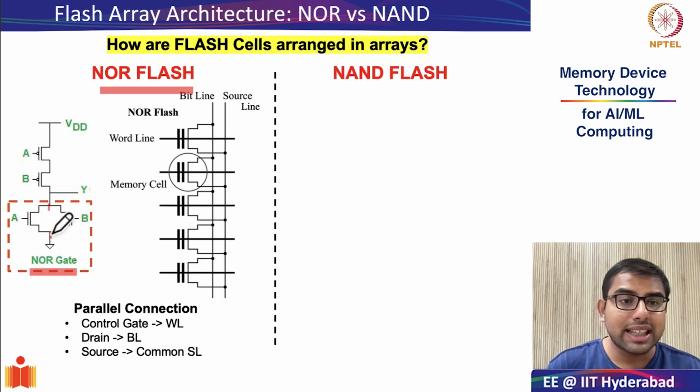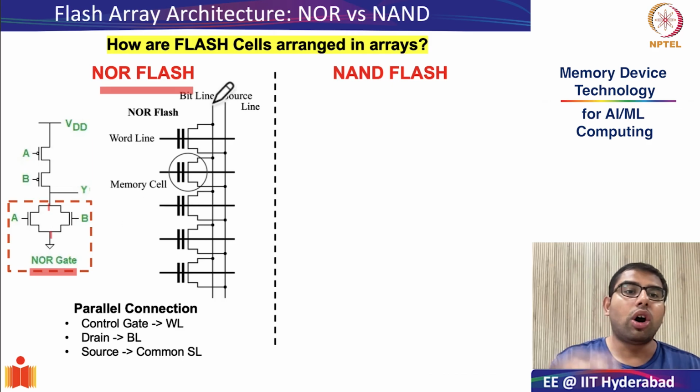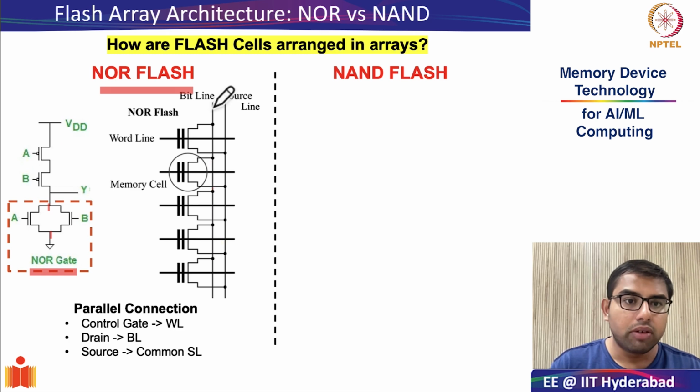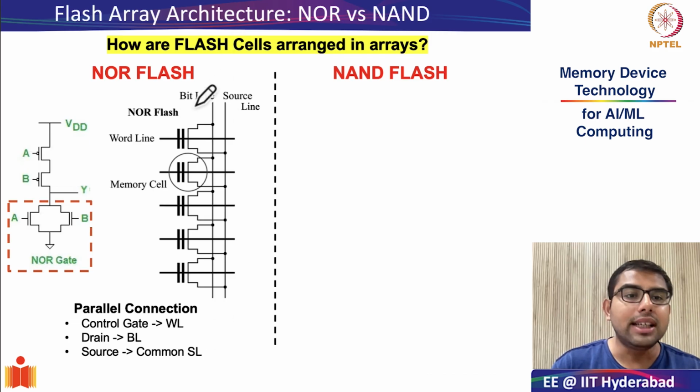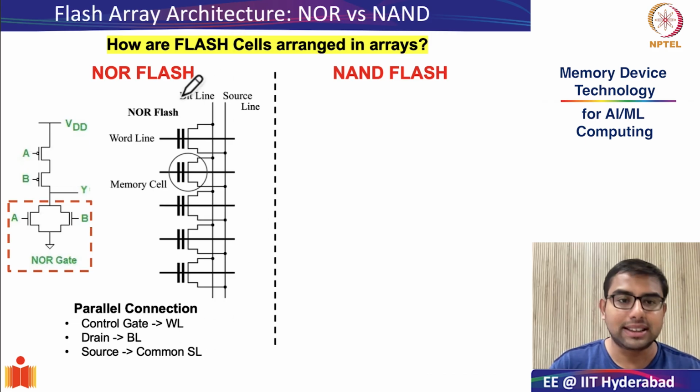What is a string? As I described, a string is a bunch of flash cells which are connected by the same bit line. You see, the bit line is the same throughout this string of NOR flash cells. So why do you say that NOR flash is connected in parallel?